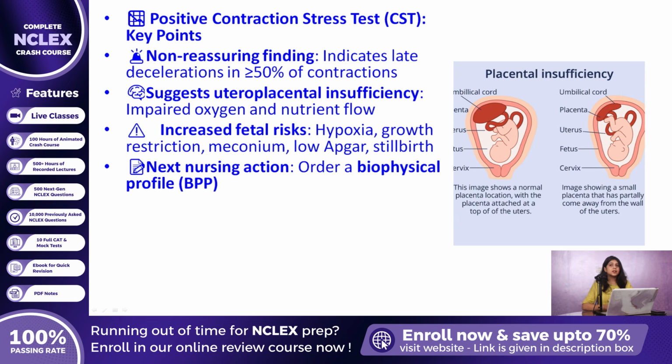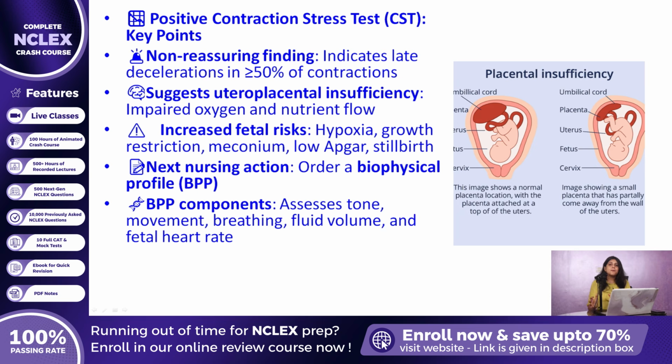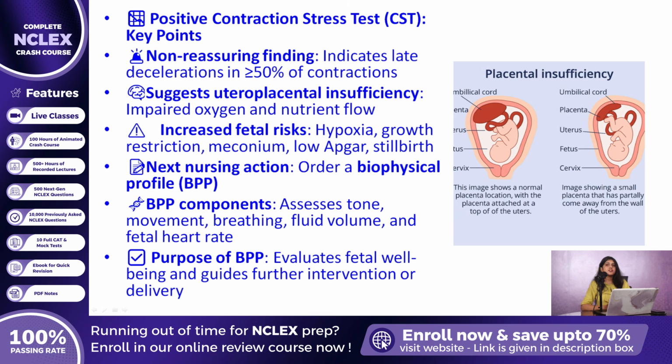Therefore, the nurse must act quickly by obtaining an order for a biophysical profile, a comprehensive test that includes ultrasound assessment of fetal tone, movement, breathing, and amniotic fluid volume, along with fetal heart rate monitoring. This next step helps determine the overall stability of the fetus and whether further intervention or delivery may be needed.